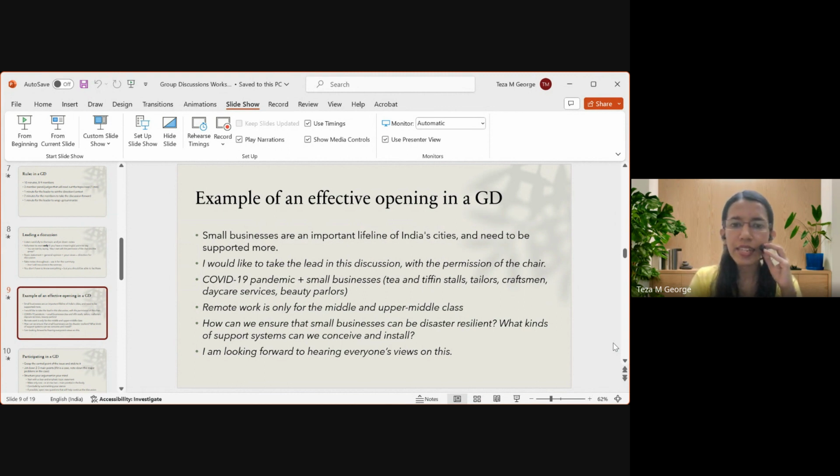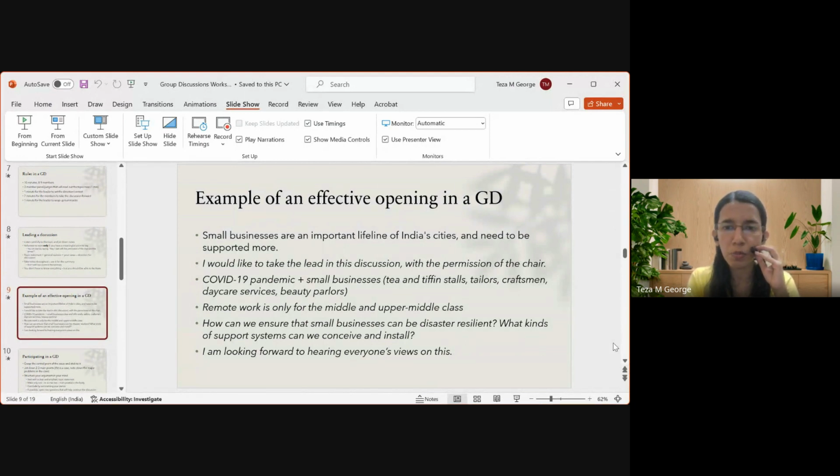Okay, and the leader is now referring back to the COVID-19 pandemic, and the way in which small businesses suffered during the pandemic. What was their predicament? Okay. And what small businesses are we referring to here?